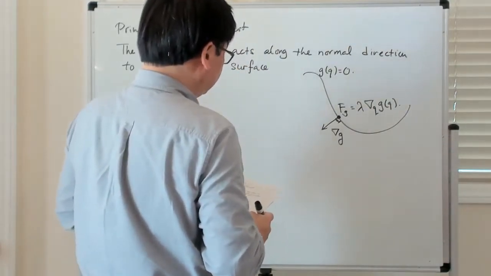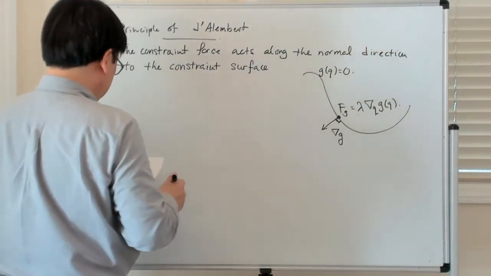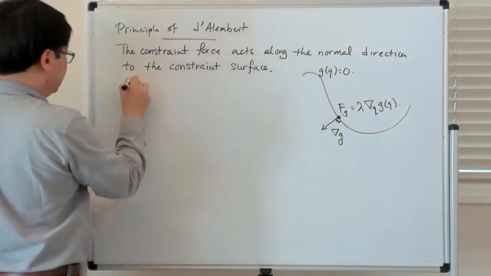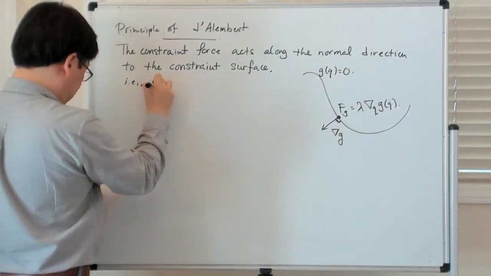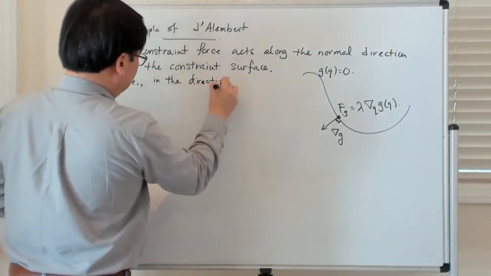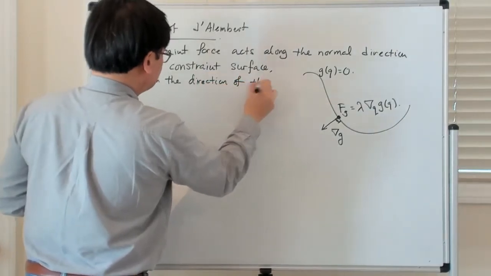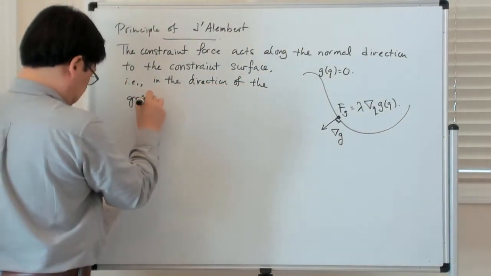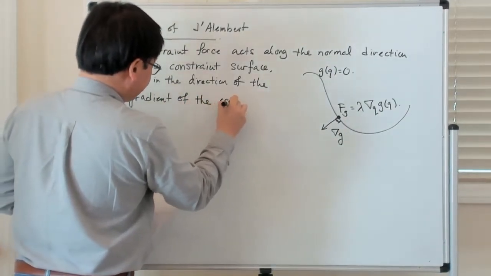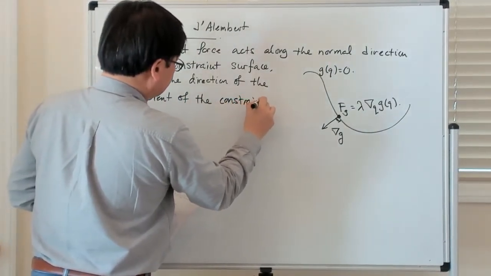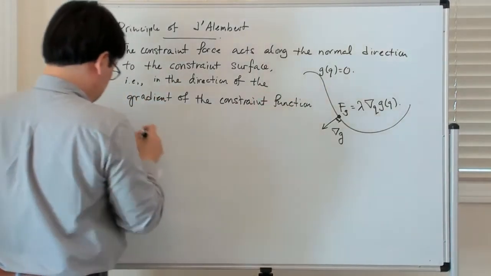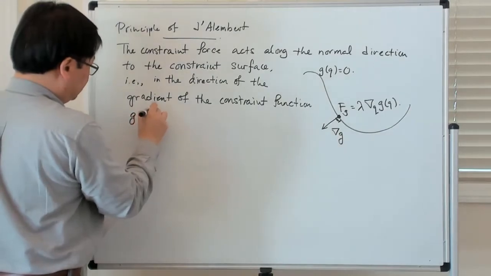So again, that's to say that it is in the direction of the gradient of the constraint function g at the point of contact.